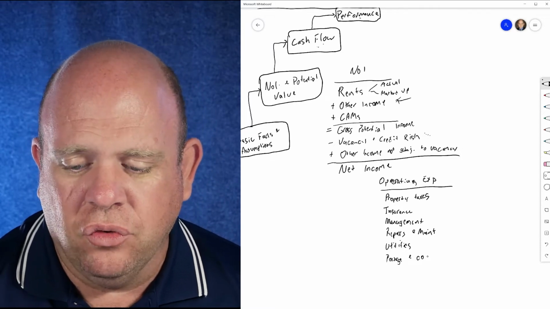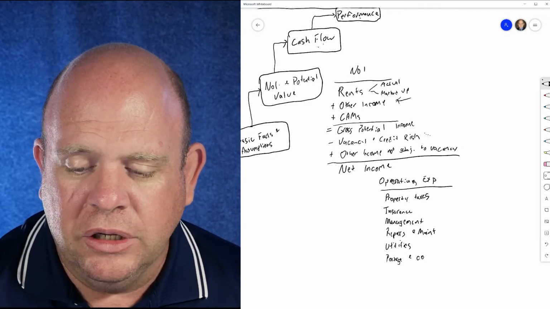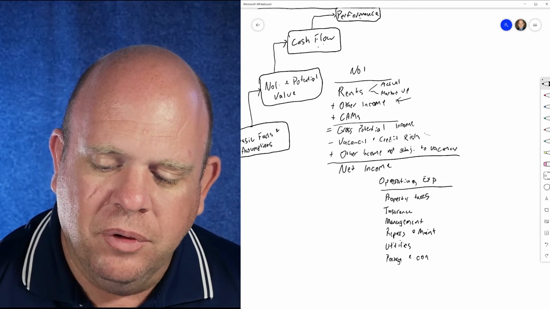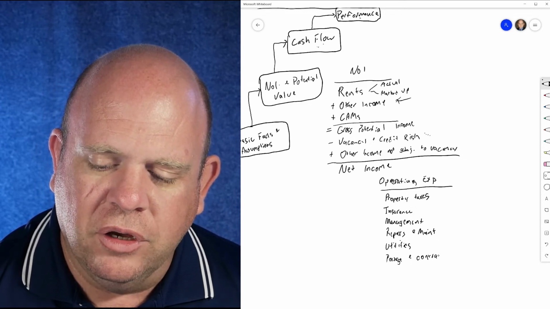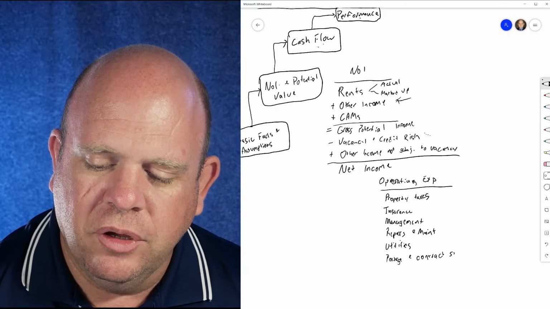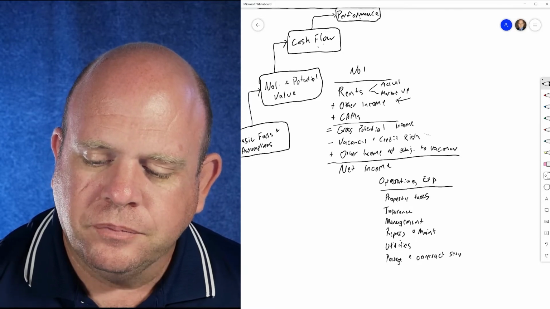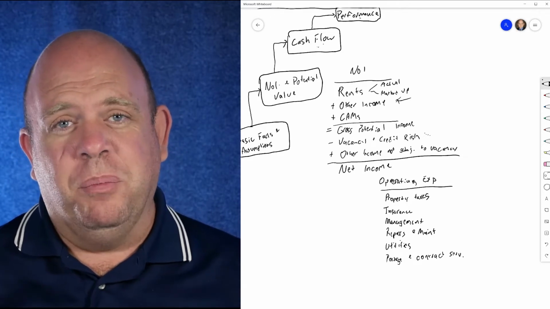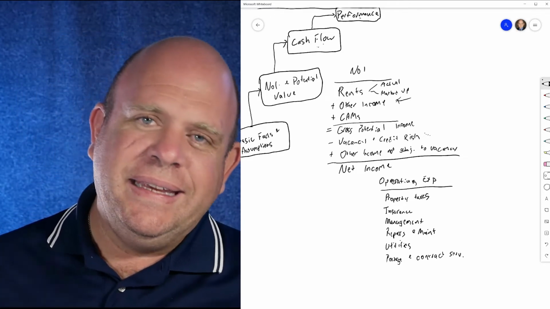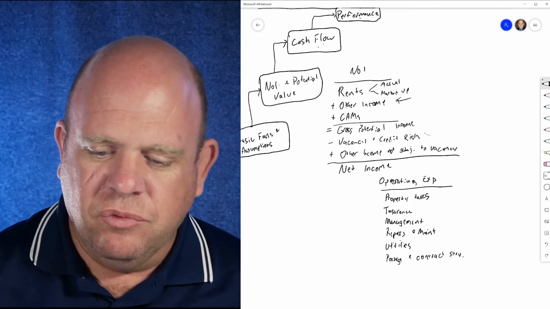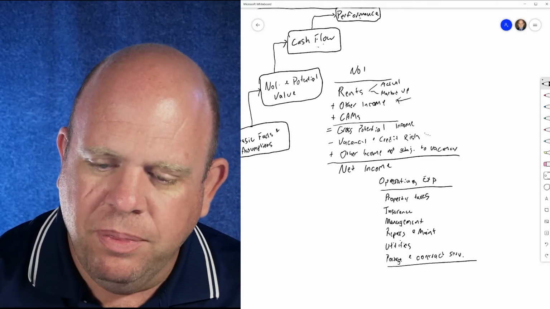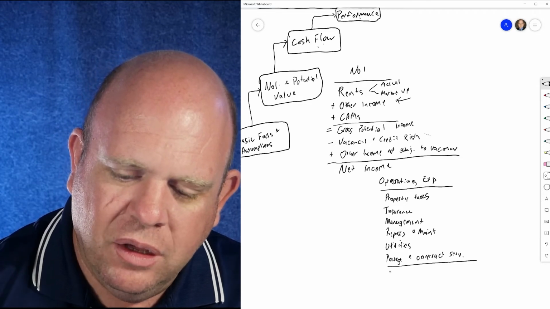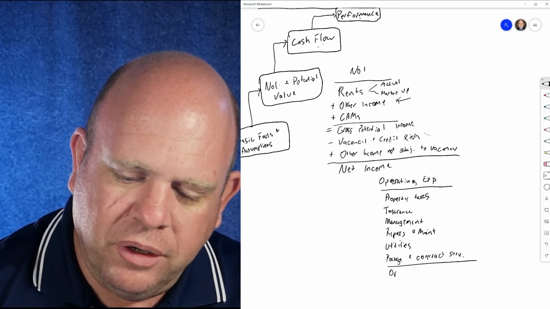You may have pest control, trash, portage, janitorial, things like that. I'm going to just call them portage and contract services for our purposes here. And those are the big categories of the operating expenses. Are there more? Yeah, but these are the biggies, right? So we add all those up, and now we have our operating expenses.